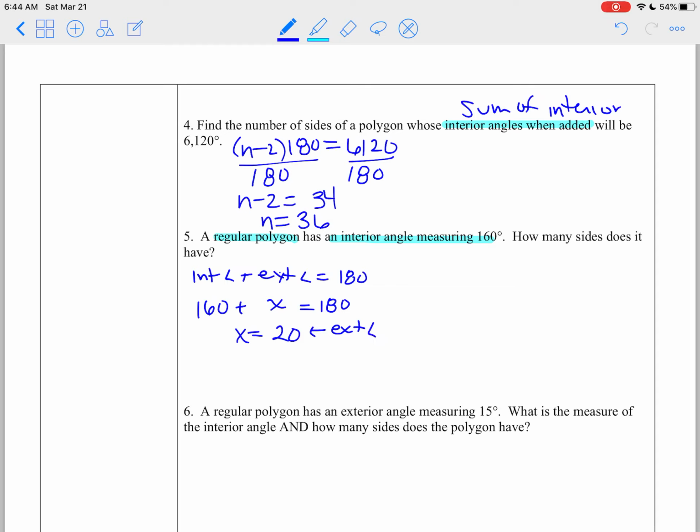Now you're probably thinking, why do I want that? Well, I know that the sum of all exterior angles is 360, so 360 divided by 20 is going to give me my n, and that's going to be 18. If you're given an interior angle, usually it's a lot easier to find the exterior and divide that into the 360 to get the number of sides.